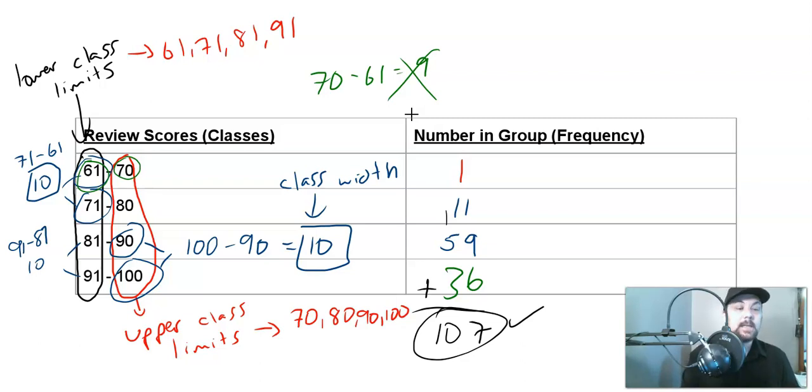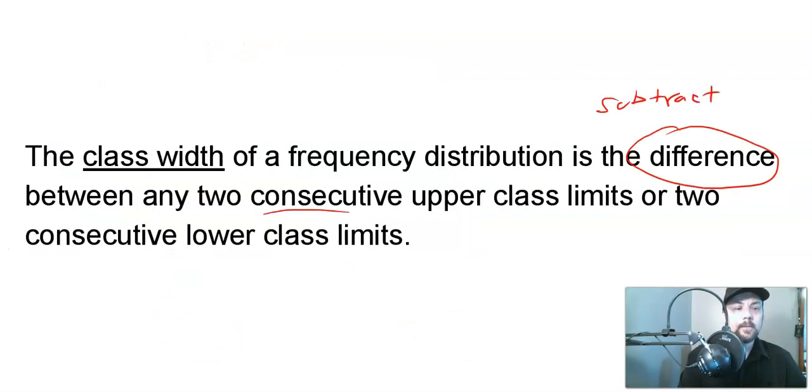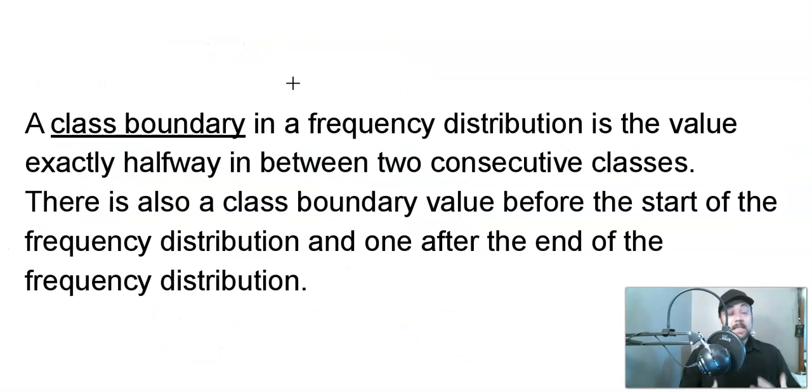So you'll see the value of calculating the class width in this way when we look at these next two things. All right, so that's class width. A class boundary in a frequency distribution is the value exactly halfway in between two consecutive classes. That means you want to look at the upper class limit of one class and the lower class limit of the next class and find the value that's exactly halfway in between those two.